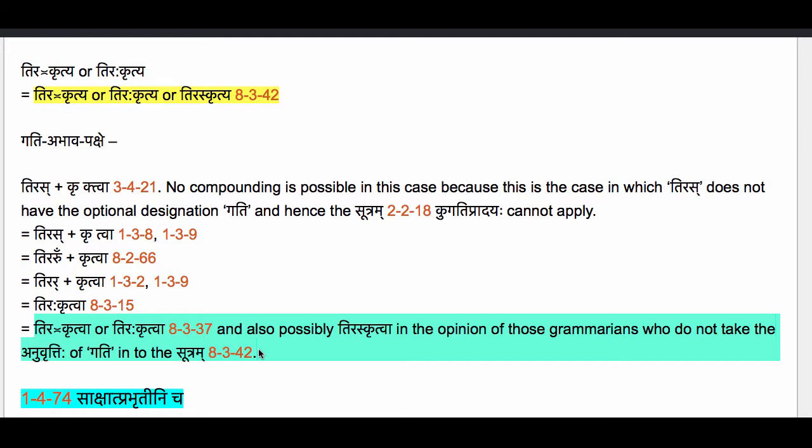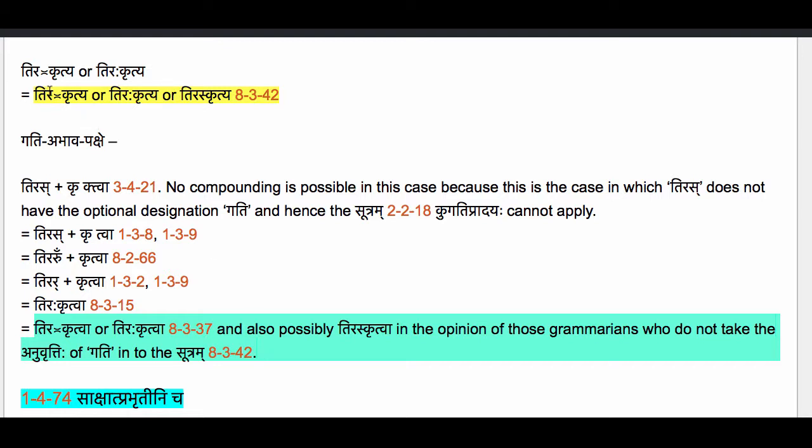As we already explained, if we take tiraskaraha as a valid form, then we have to assume that the anuvritti of gati does not come into the sutram 8.3.42, which means that we can make the substitution sa in place of the visarga of tiras even when tiras does not have the gati sanya, and therefore we get the additional optional form tiras kritva. So that's how we get these 6 forms in total.